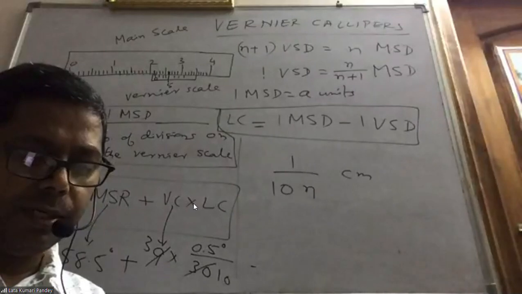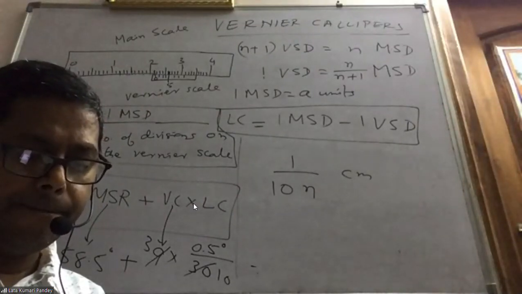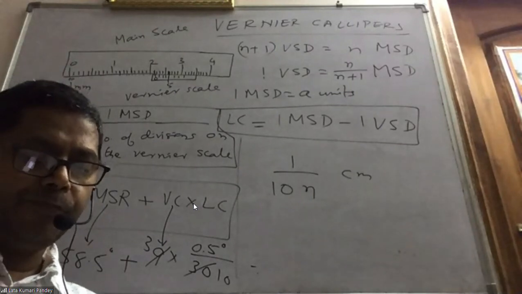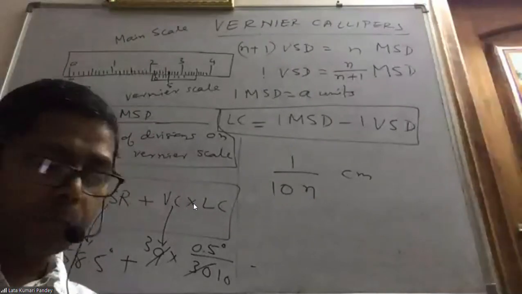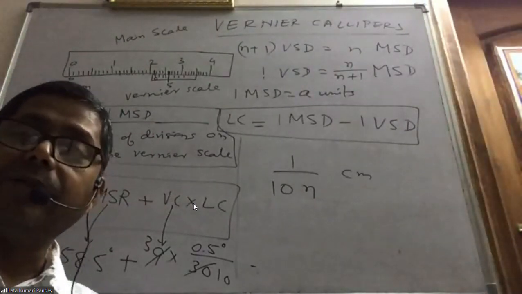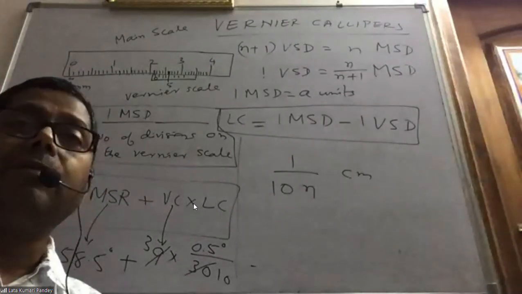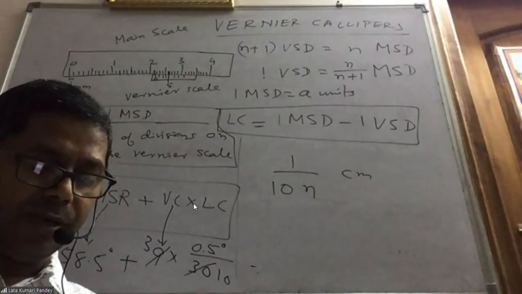Kiran, that is also right answer. Right answer, Arshita. So only thing you take care, sometimes the options may be in centimeters, sometimes may be in millimeters. Accordingly, you convert the final value.